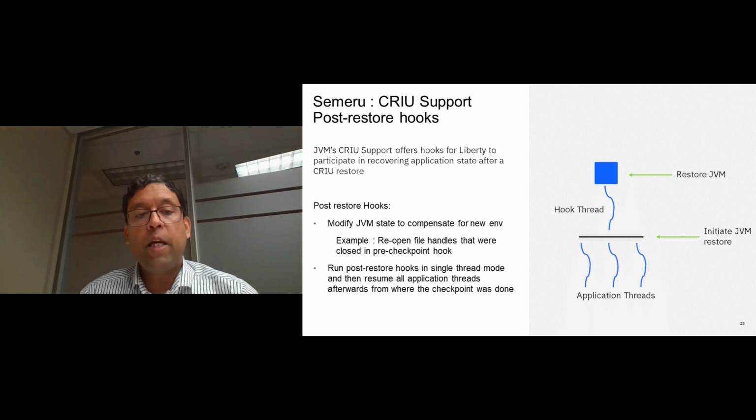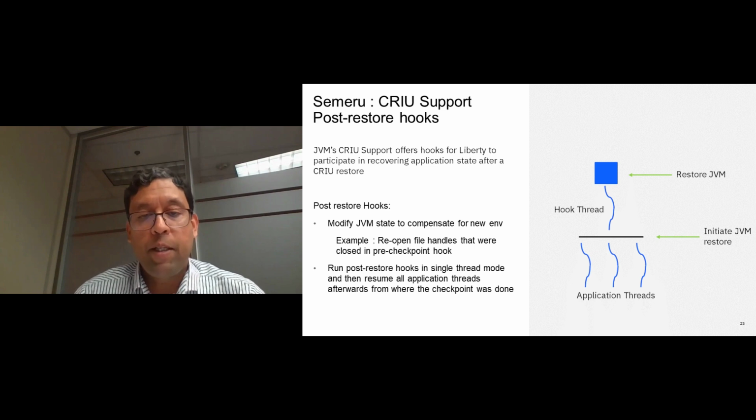And similarly, there's a mirror image notion on the restore side. So there's a set of hooks that you can register to run once the restore has happened. Invariably, the restore hooks follow a reverse sequence to the sequence in which we did the checkpointing. We'll run things in the reverse order. So we'll run JVM hooks first and then Liberty hooks.